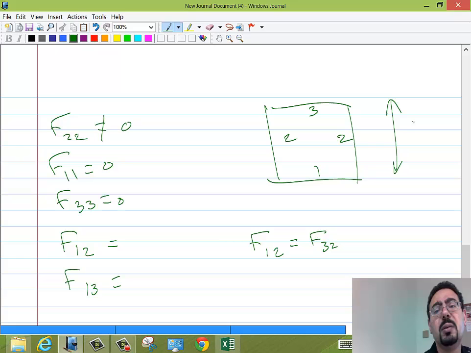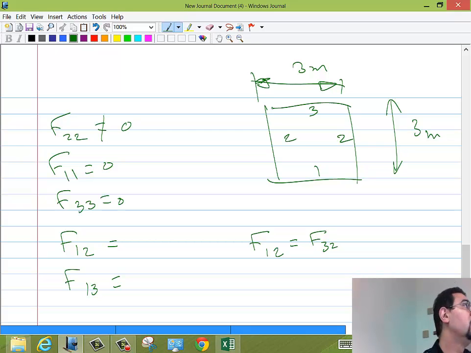Why? Symmetry. F12 is the same as F32. If it wasn't that they have different temperatures, I would have called both of them 1 actually. But they have different temperatures, so I couldn't call them 1. But geometry-wise, they are identical.